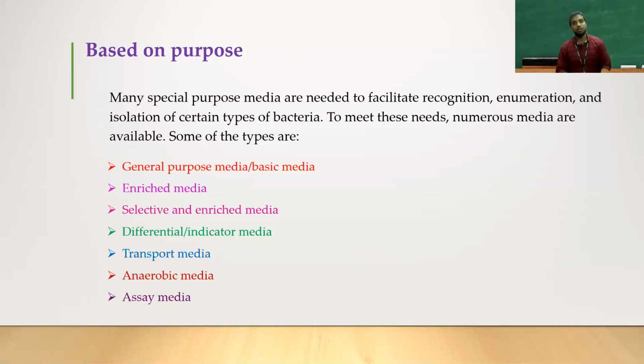Various types of nutrient mediums are available, and they are as follows. First is general purpose media or basic media. Next is enriched media. The next is selective and enriched media. The next is differential or indicator media, and transport media, anaerobic media, assay media. We'll see each and every media in brief now.